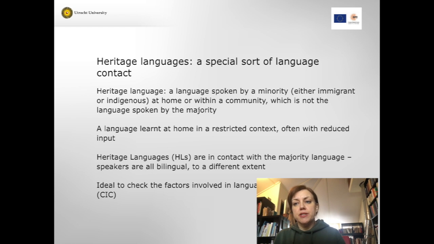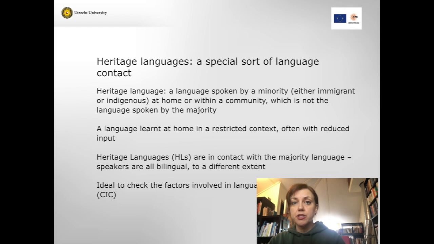A heritage language is a language learned at home in a restricted context. So it is not the language that the majority around you speaks. And heritage languages are spoken by bilinguals by definition. Everybody who's a heritage language speaker also speaks the language of the country and the place where they are.